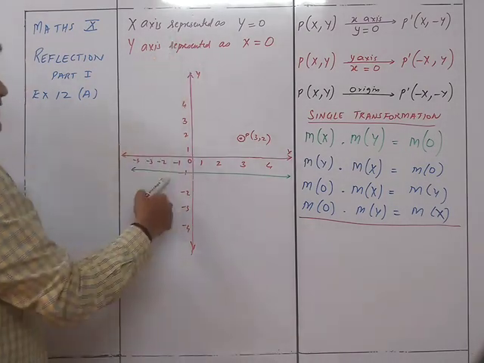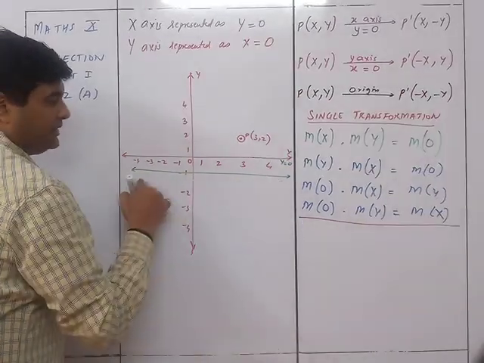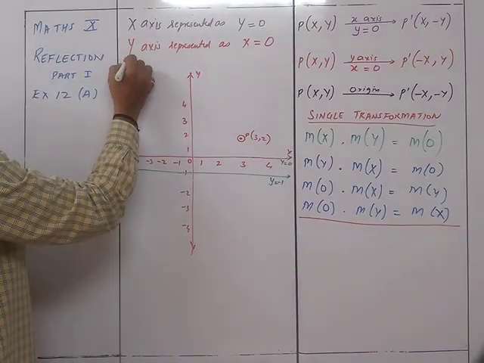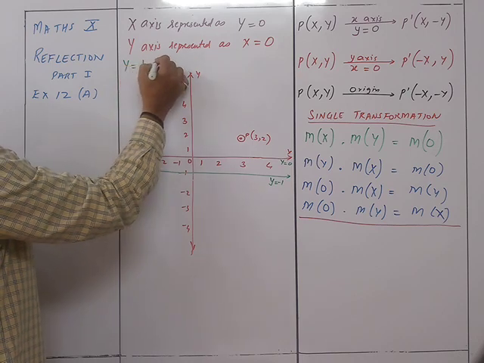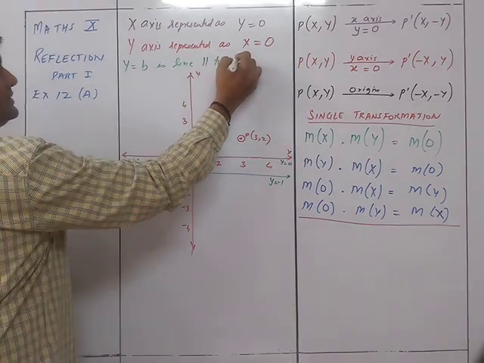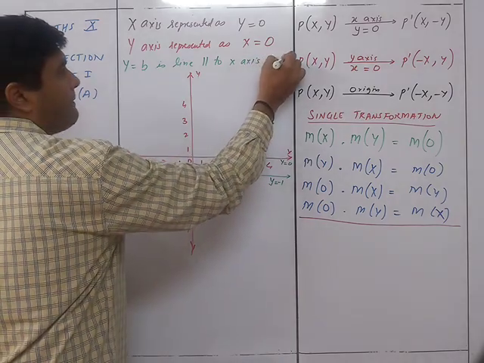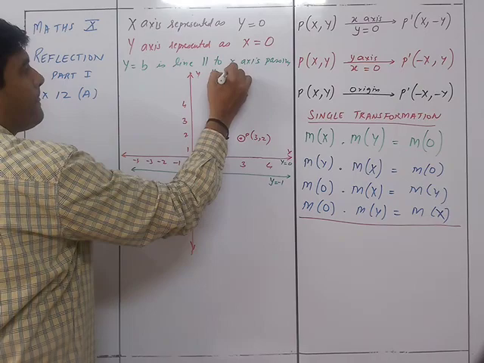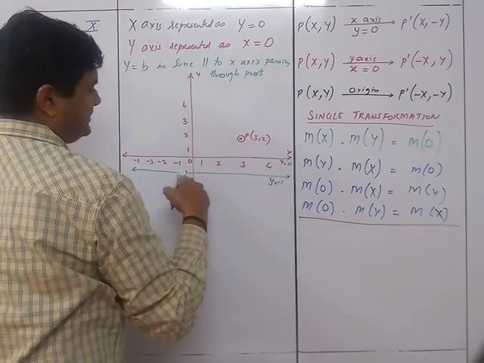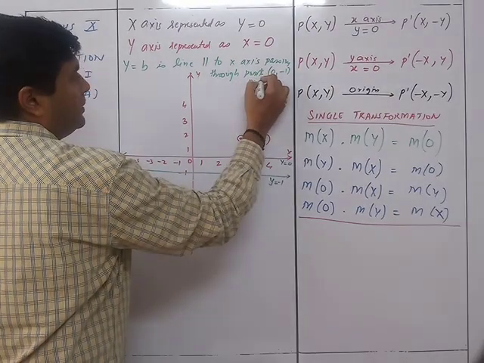So now based on this fundamental, if this is y equals 0, then because this is passing through minus 1, this equation will be y equals minus 1. So you can see y equals b is a line parallel to the x-axis passing through the point 0 comma minus 1 on the y-axis.